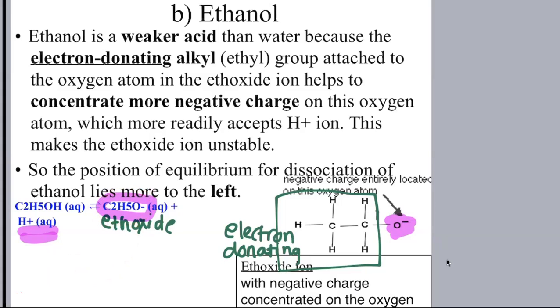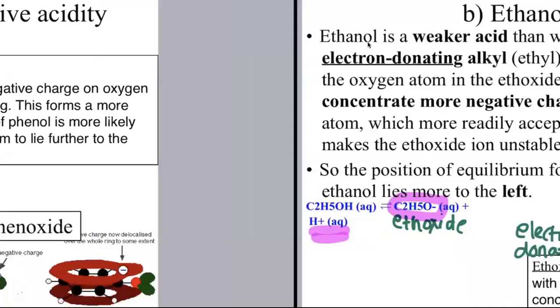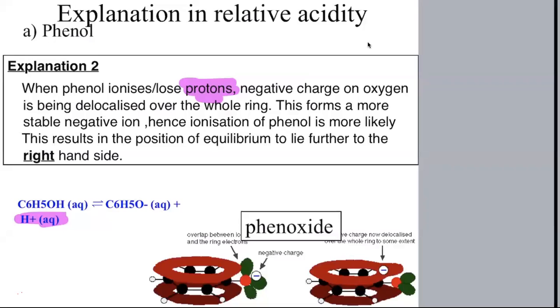So this ethoxide ion is unstable. It is less likely to be formed. You don't form ions. Therefore, not a lot of dissociation happens. Okay, so now if we compare it side by side, phenoxide is a more stable anion, more likely to be formed, more acidic.